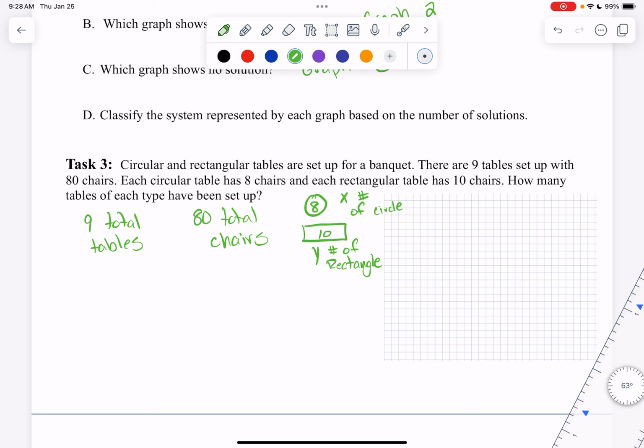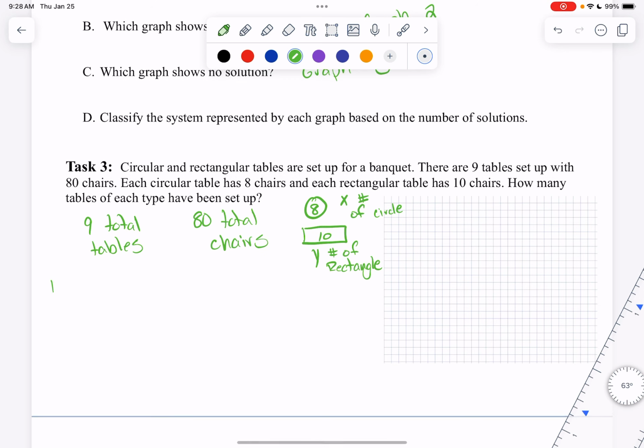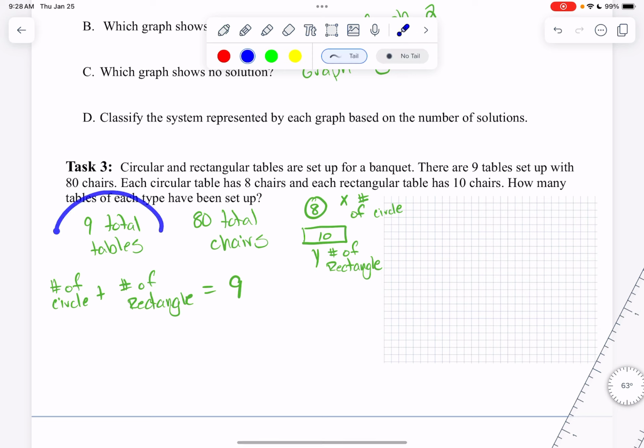So I'm going to do a bit of a verbal model. I know if I take the number of circle tables plus the number of rectangle tables, I should get how many tables total? 9, because we know there are 9 total tables. So the number of circle tables plus the number of rectangle tables will be 9.